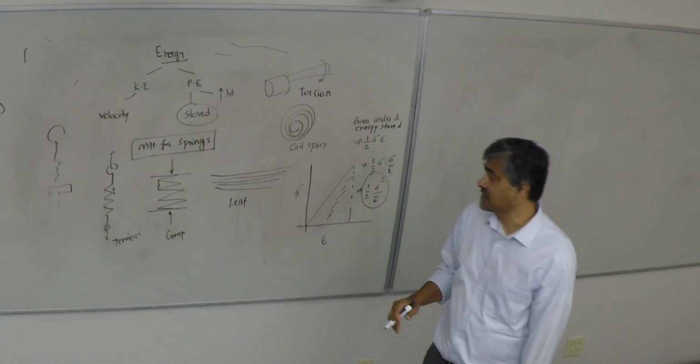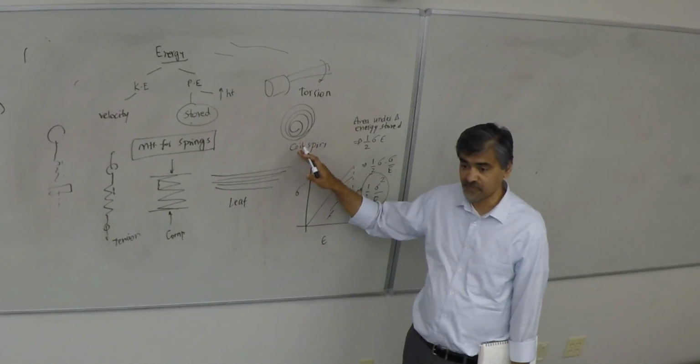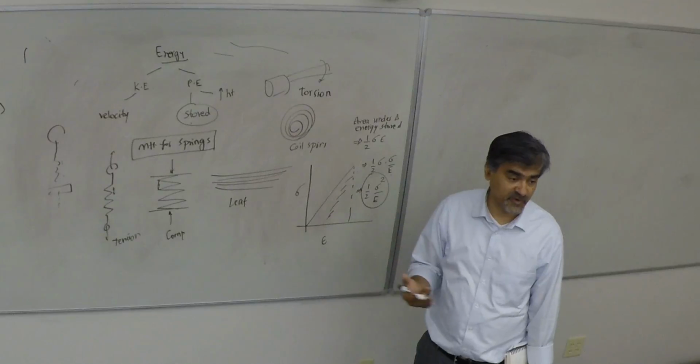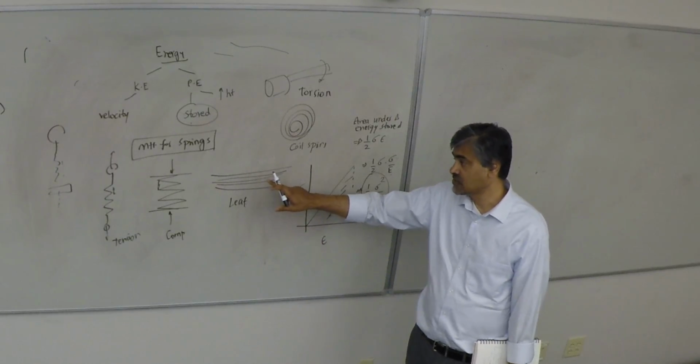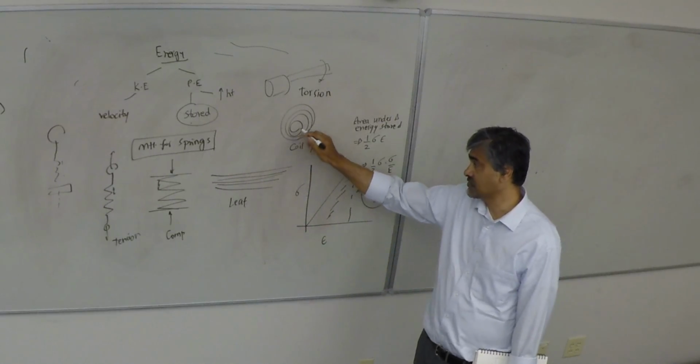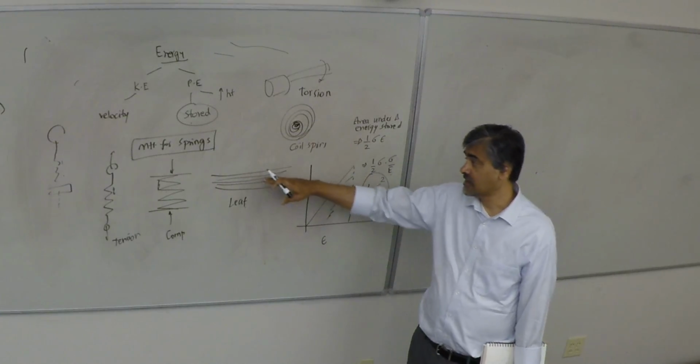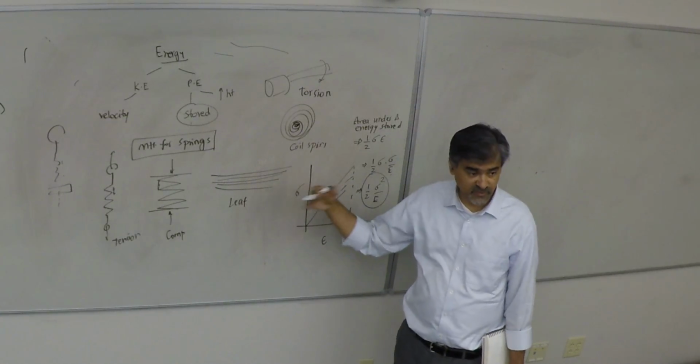Now you notice that if you go to leaf springs or coil springs, these relationships have to be adjusted because the same amount of energy is not stored in a coil spring, because the center has a neutral axis effect. There is loss of energy between the leaves.